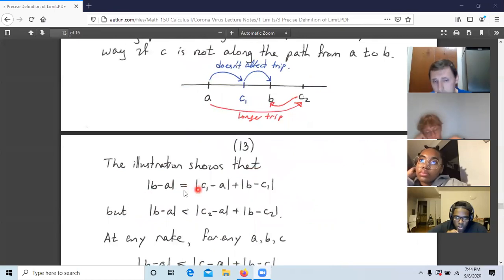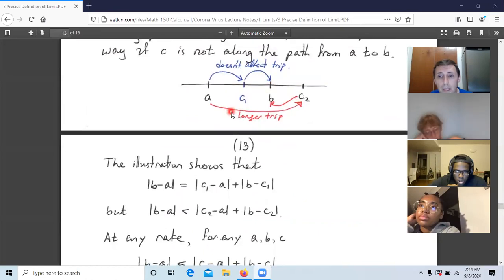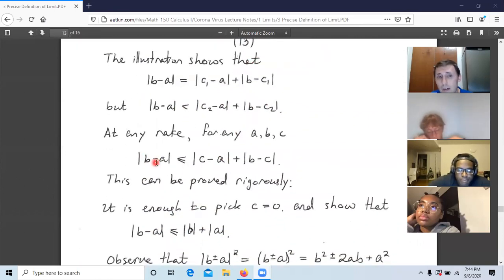So I'm going to show with a proof that the distance you travel from B to A is the absolute value of B minus A, correct? Which either, in this case, equals the distance between C1 and A plus the distance between B and C1, which is the full trip, or it's smaller than the distance between C2 and A plus B and C2. So in any case, the absolute value of B minus A is less than or equal to the absolute value of C minus A plus the absolute value of B minus C, which is the triangle inequality. The distance between B and A is smaller than the distance between A and C plus between B and C.